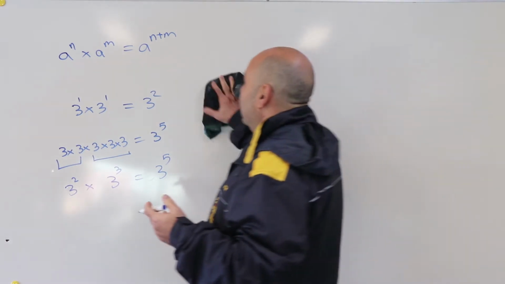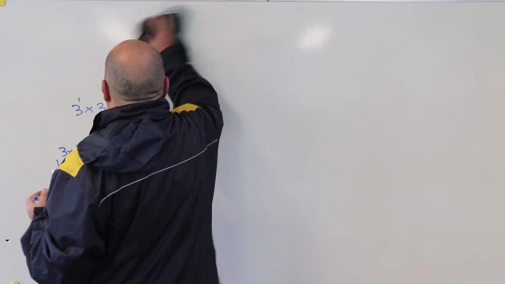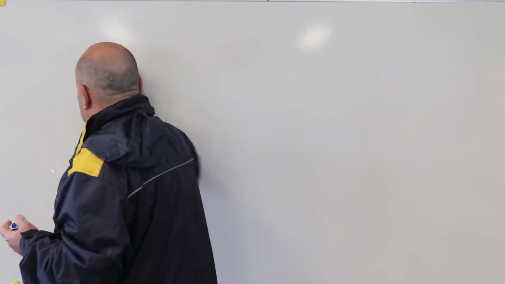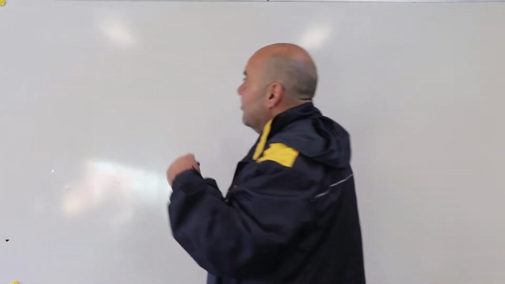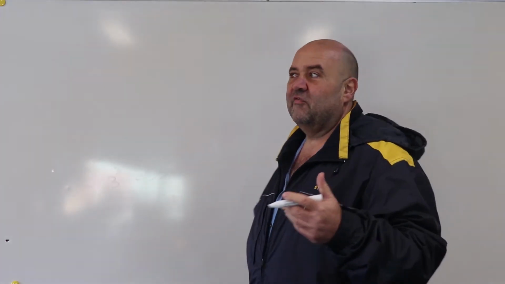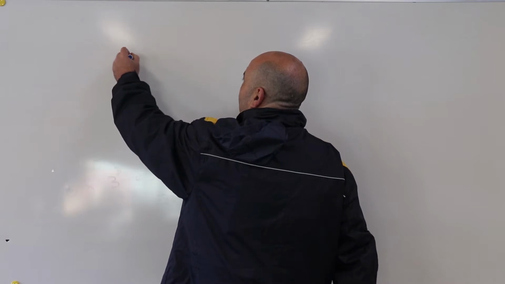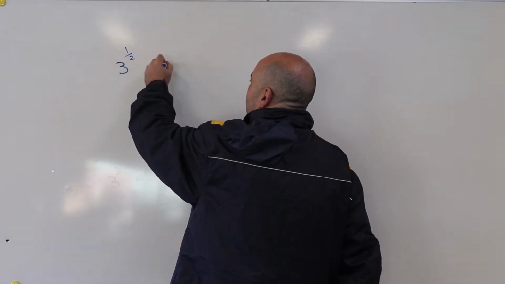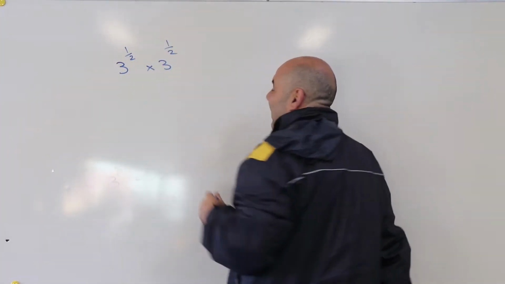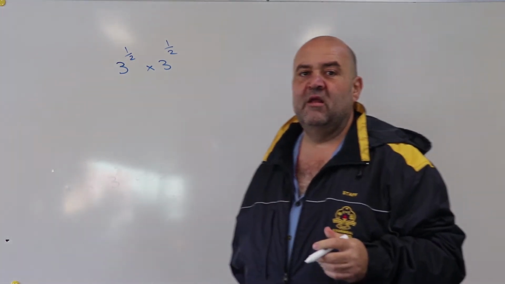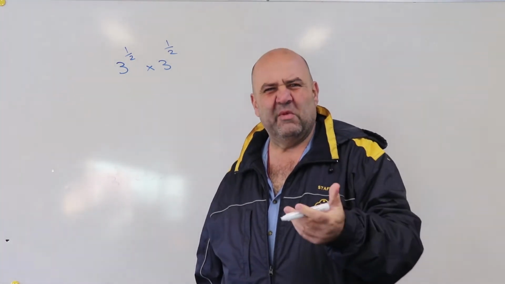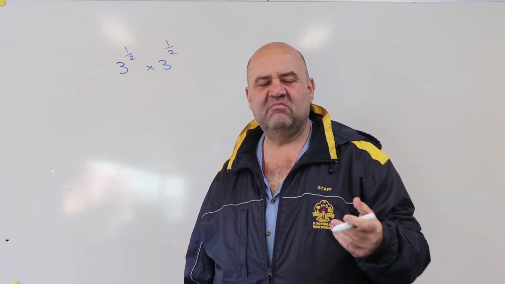So if I talk about, for example, 3 to the power of a half times 3 to the power of a half. Well, the index law tells us that when we multiply, we add powers.